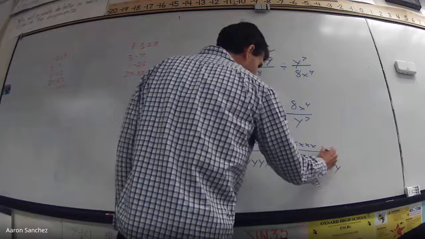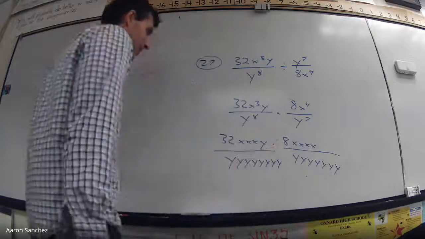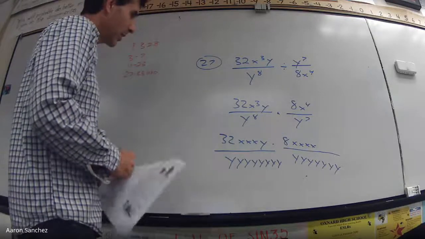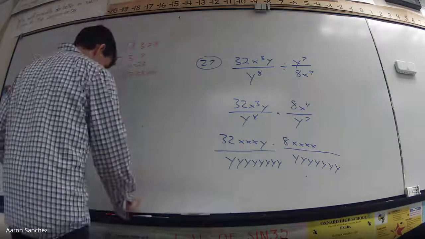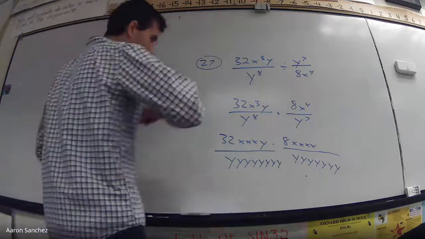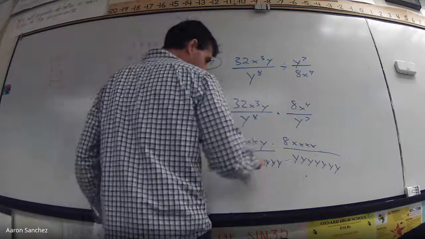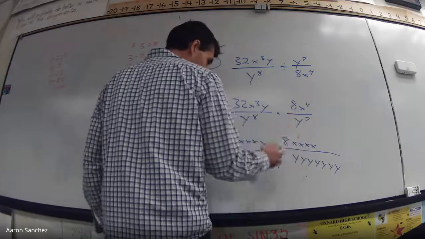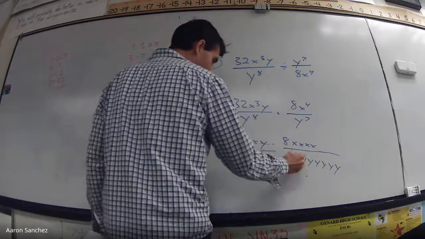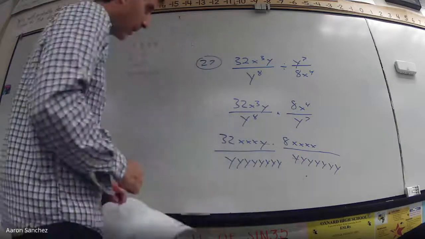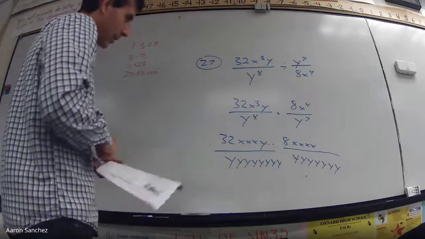Now you don't need to do this because you can see that nothing's going to be canceled out. What can I cancel out here? All I have is just 1y. No x, all the x's are on the top. There's nothing to cancel out. It's this y. It's the only thing you cancel out. Any one of those y's.